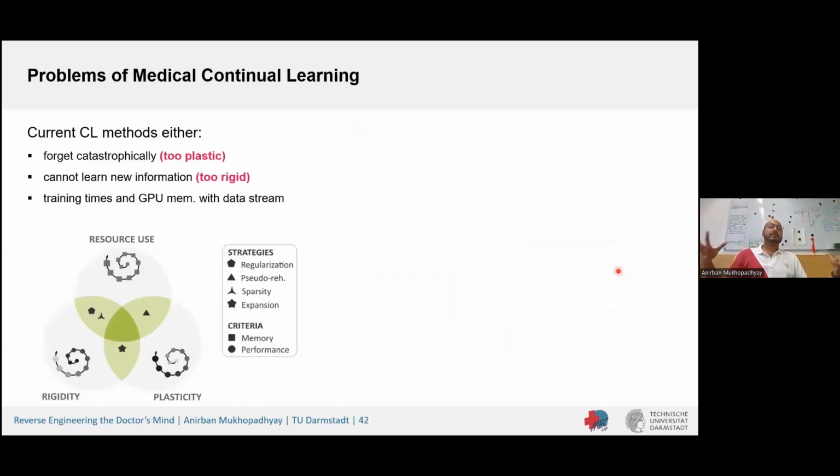But let's really talk about the second problem, which is medical continual learning. That's a really nascent field, and we have, again, two problems. The first problem is the algorithm itself. When you are trying to design an algorithm for continual learning, we have these orthogonal directions in terms of performance, which basically contradict each other, and we have to develop an algorithm there. You can't really forget the old data.